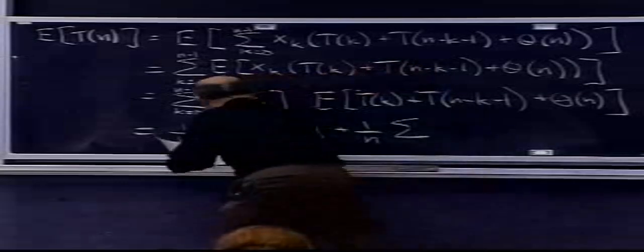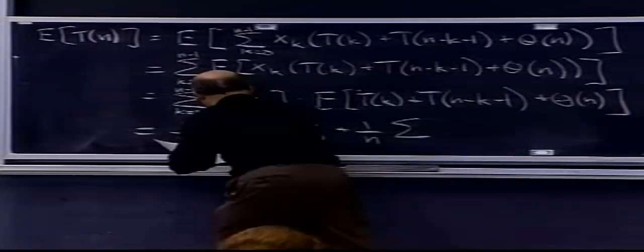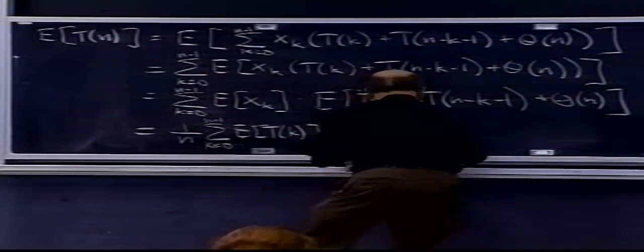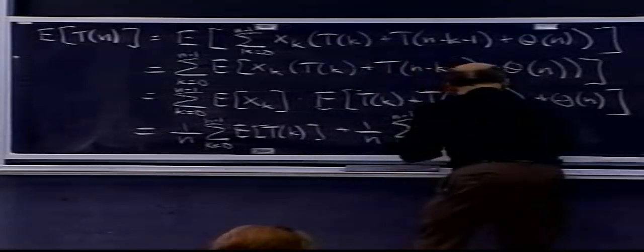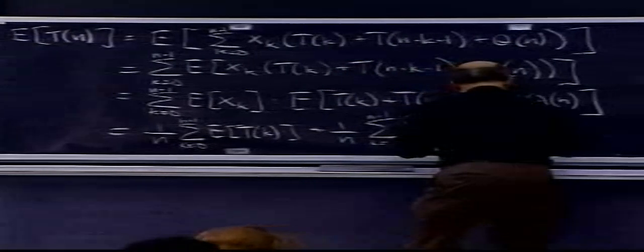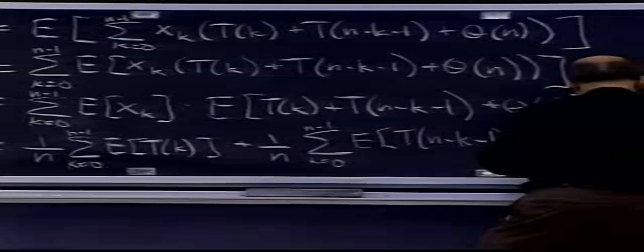Actually, I'm going to put them in: k equals 0 to n minus 1 of the expectation of T of n minus k minus 1, plus 1 over n times the summation of theta of n, k equals 0 to n minus 1.